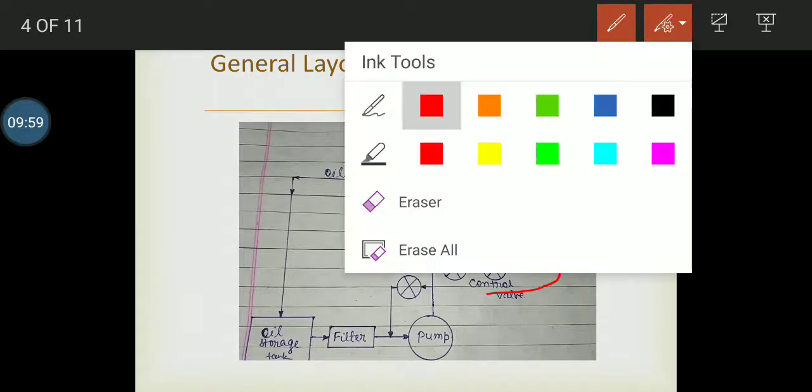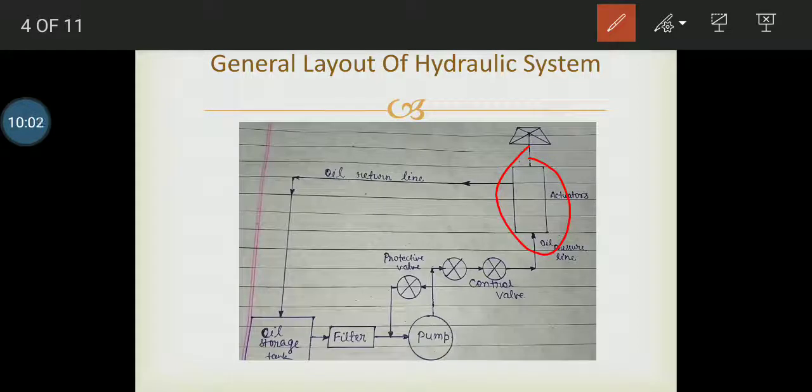Then the control valve is connected to the actuator. The actuator is a mechanism in which the fluid comes and the actuator converts the pressure energy in the fluid into the mechanical energy which is going to be used further. Then the remaining fluid is transferred via the oil return line to the storage tank.